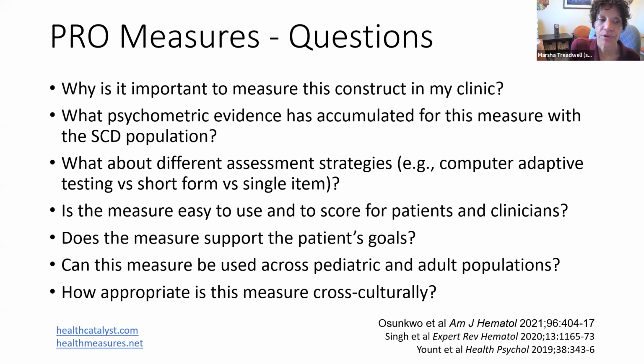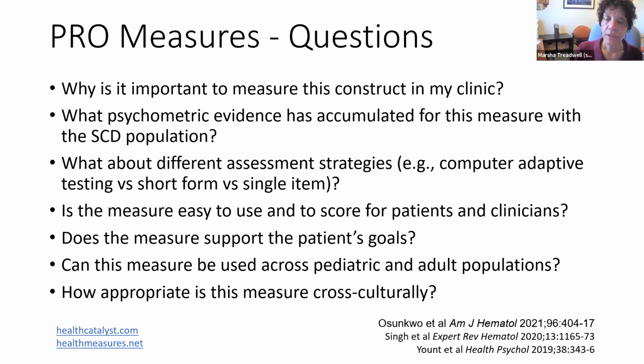You can use computer adaptive testing, and what that means is that if you have access to a tablet or computer, a person responds to an item, and then the next item that comes up depends on what they responded to the first item. So if they don't have fatigue, then there won't be further questions about fatigue, for example. Or if they haven't had pain within the last year, then they won't be getting a list of questions about pain. So that's how computer adaptive testing works.